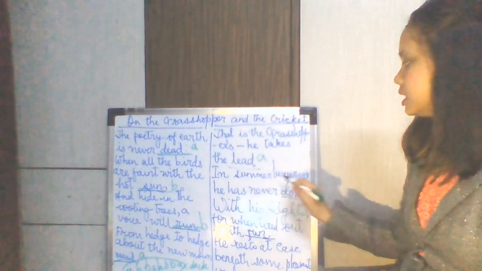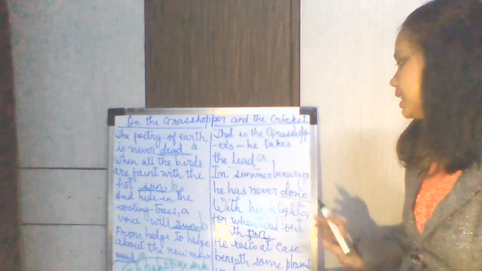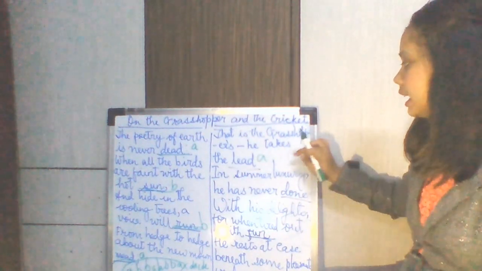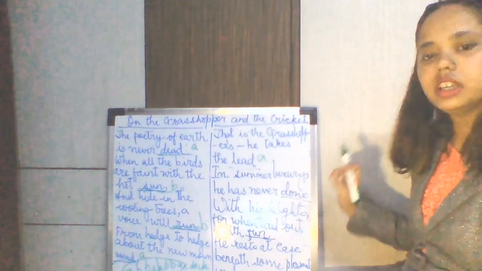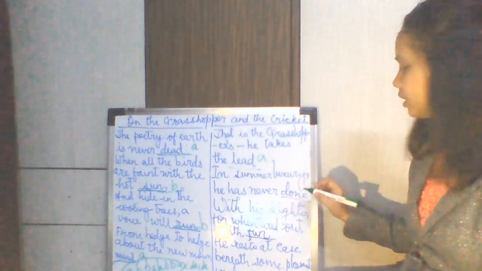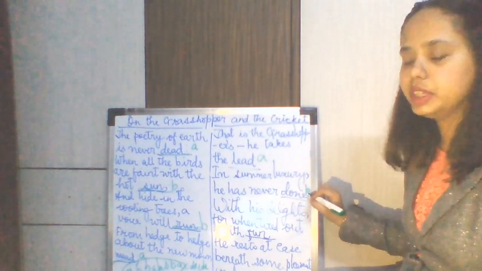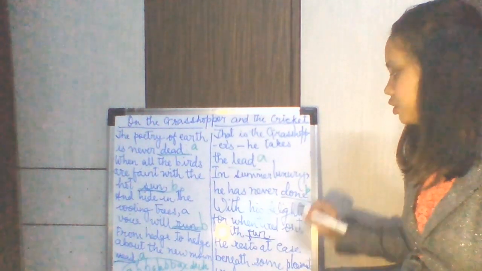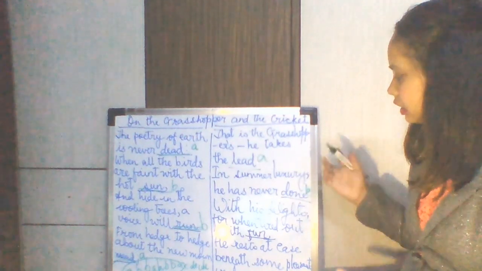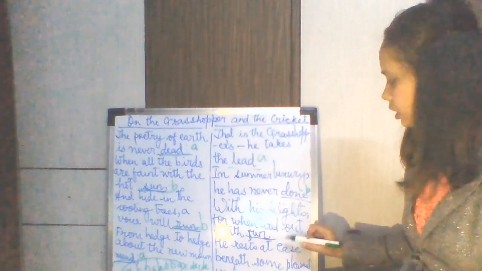In summer luxury he has never done. I have already used A, so the alphabet that I'll be using now will be B. If done is B, fun will also be B, because it is clear that done and fun rhyme with each other.